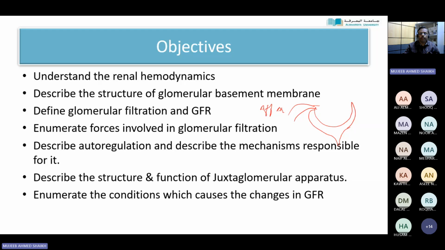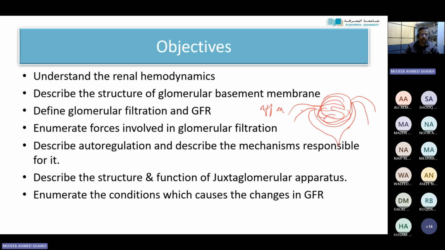Once the afferent arteriole enters the Bowman's capsule, it becomes capillaries. There are so many loops of capillaries. I'll draw it like a ball, a tuft of capillaries, and then it will go out as the efferent arteriole.